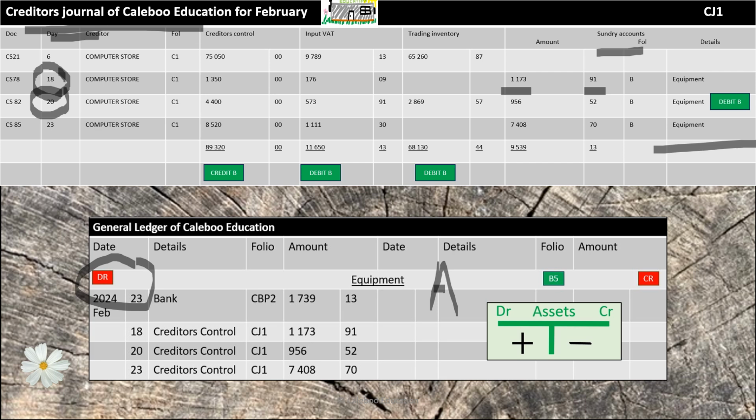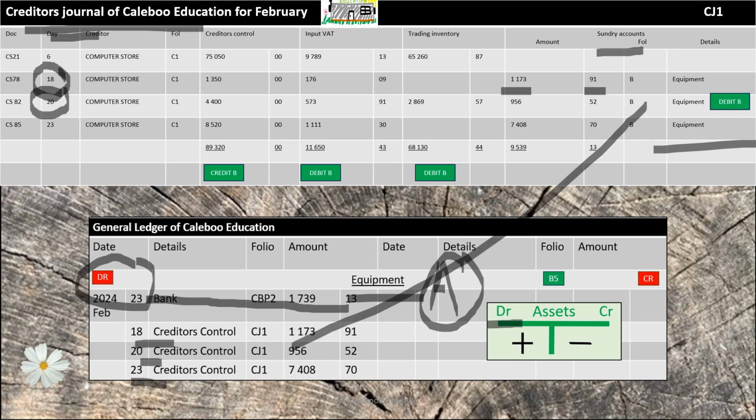And there's the rule. Equipment is an asset. An increase in the value of an asset must get debited. And this information here came from the sundry column and was posted to the general ledger.